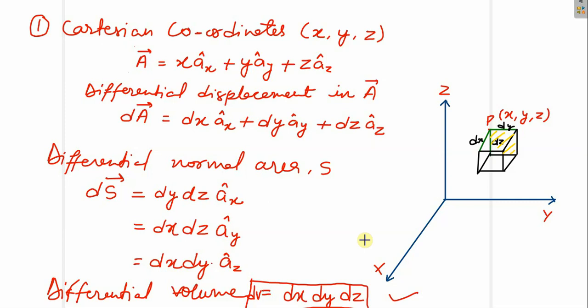Now we will proceed further to see the differential elements in the next coordinate system, that is the cylindrical coordinate system.